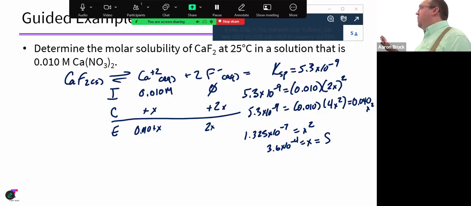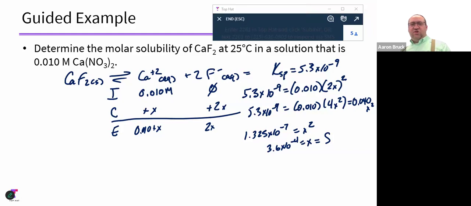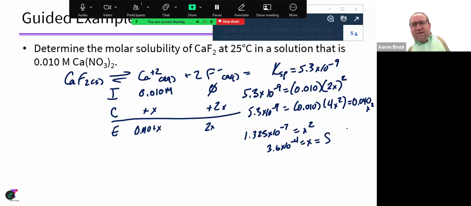So assuming that my 5% assumption is valid, which again, it looks like it should be, given the fact that our value here is to the negative 4th and our calcium concentration was to the negative 2nd, we'll double check to be sure. This is all that it asked us to do.